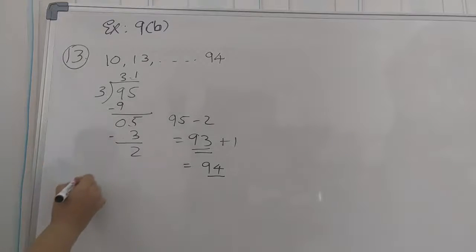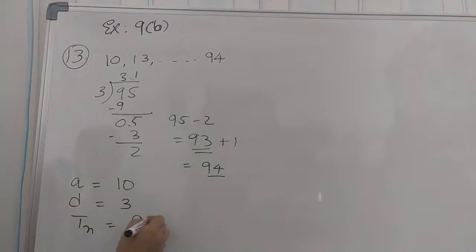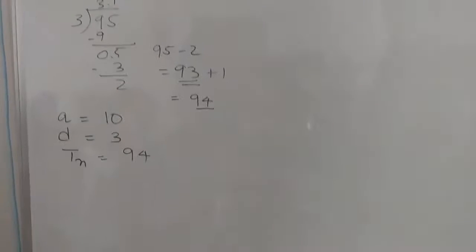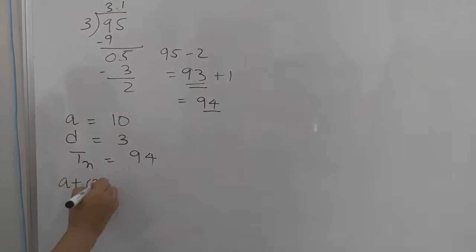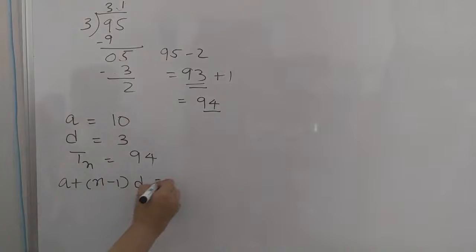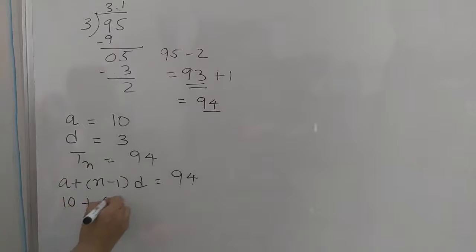Now in this sequence, the first term a is 10, the common difference d is 3, and Tn is equal to 94, the nth term. Using the Tn formula, we will find the n value first. So a plus n minus 1 into d is equal to 94. Placing the values, 10 plus n minus 1 into 3 is equal to 94.